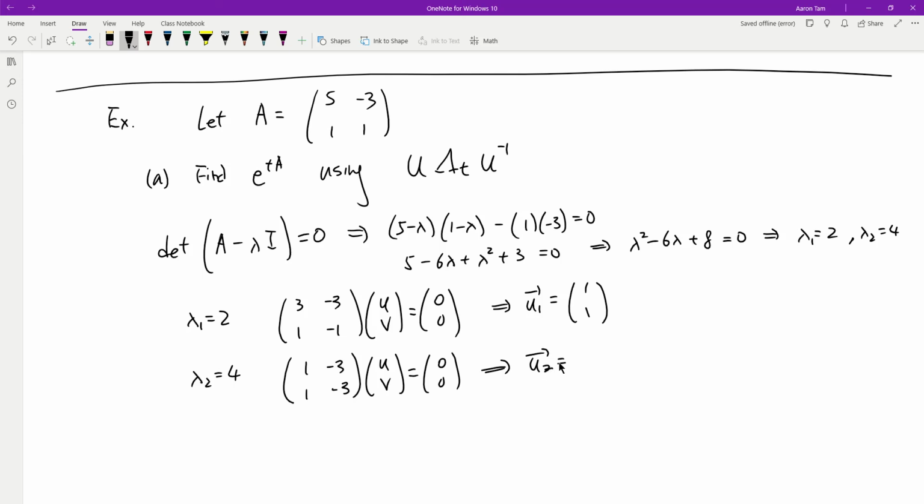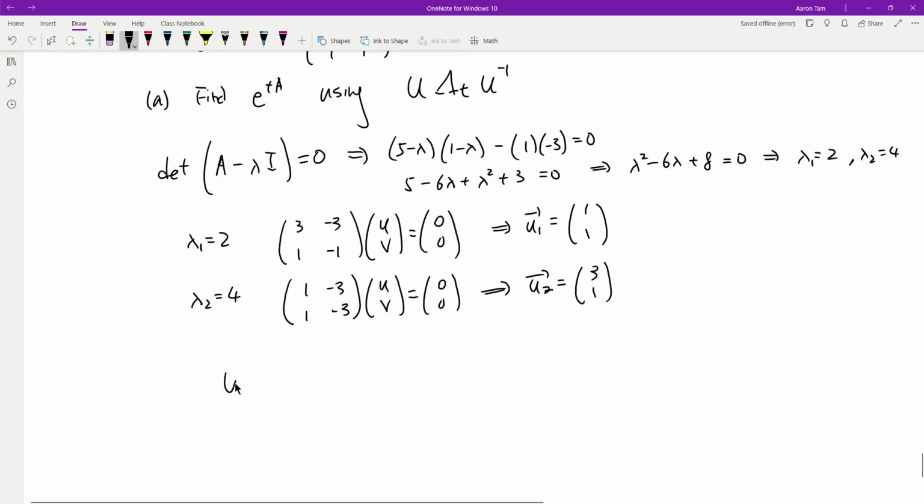So I guess u2 could be 3, 1. 3 times 1 plus negative 3 times 1 would be 0. So therefore my matrix U would be this. Matrix U would equal 1, 1, 3, 1.